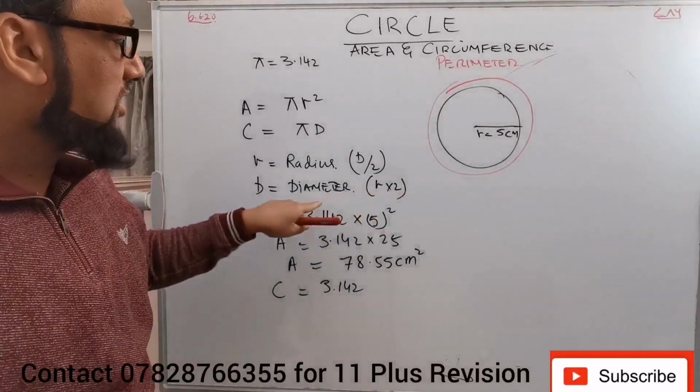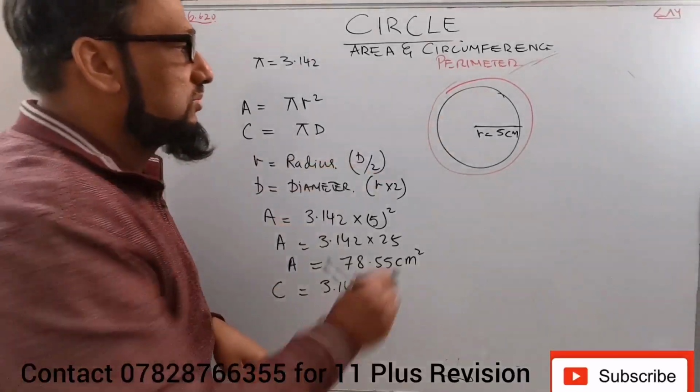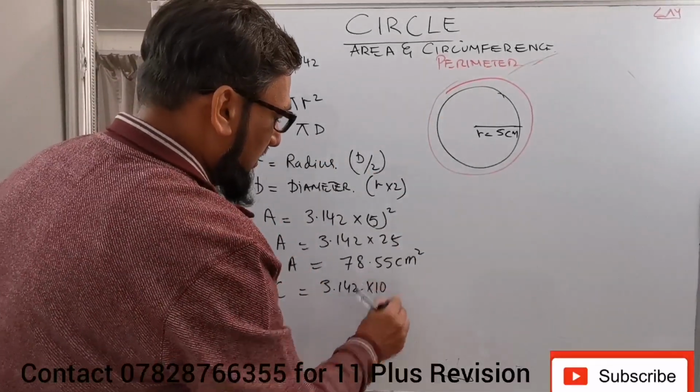So r times 2 is the diameter, which means the diameter will be 10.